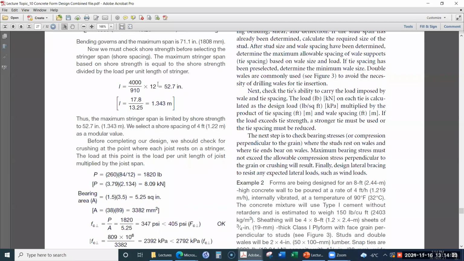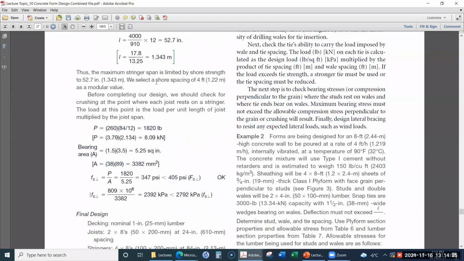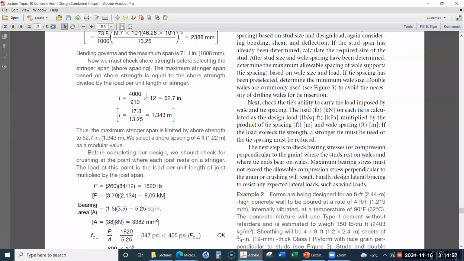And then as the last step, we will check the shore strength before selecting the stringer span, because the shores we are using are 17.8 kilonewton.